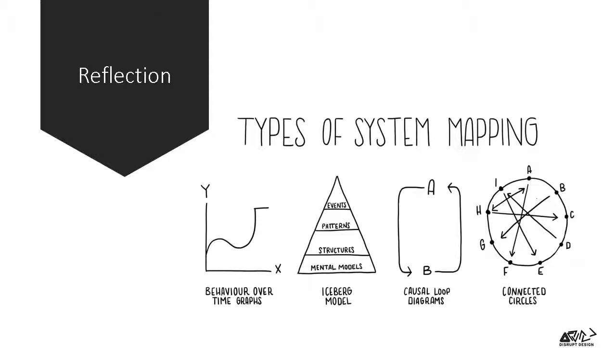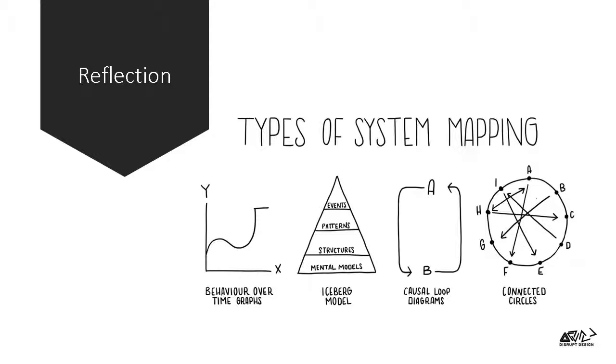What this slide shows is that there are many ways in which you can map a system. The behavior over time, I don't think you have to worry about that one. There's the iceberg model. You can also turn it around, but what it says is that events, many different types of events, lead to patterns in behavior or patterns in how a system operates.